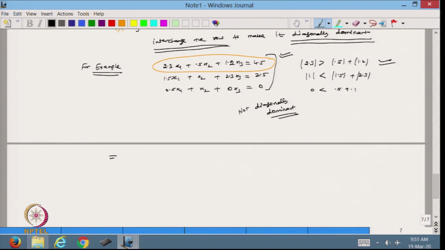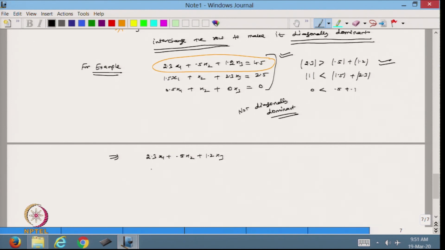So what I do is, I will interchange this one. So this is okay. Now I can interchange this one.